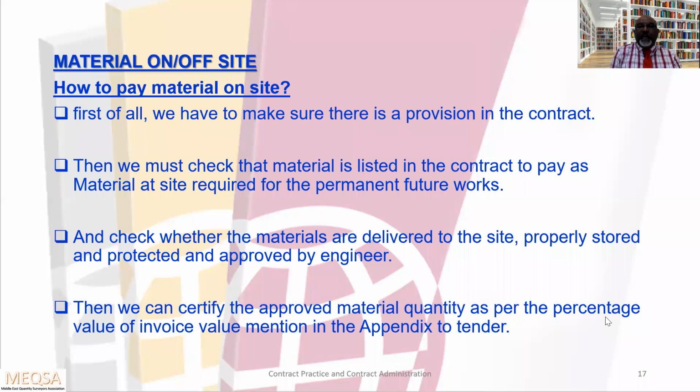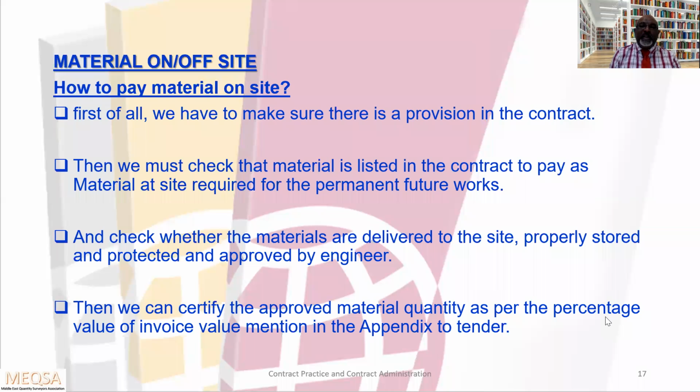First of all, we have to make sure there is a provision in the contract. Then we must check that the material is listed in the contract to pay as material at site required for the permanent future works.